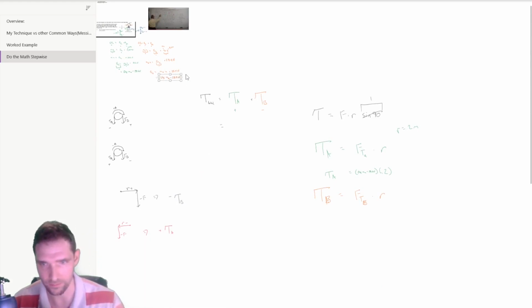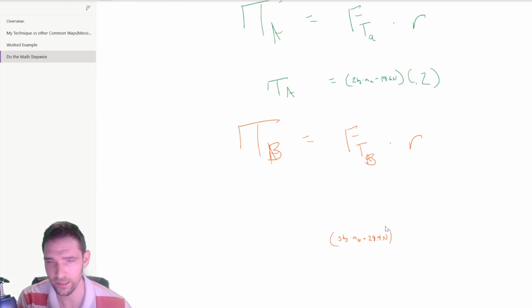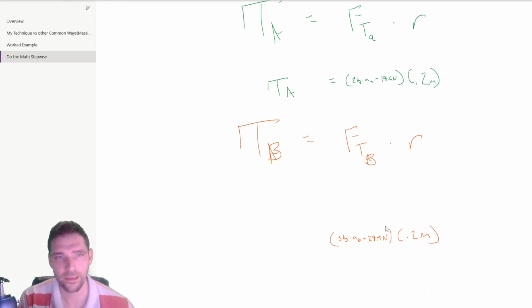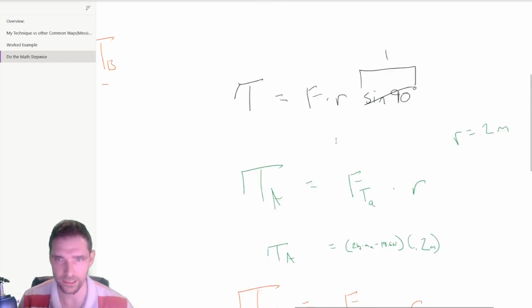We need to do the same thing for the tension of B though. So I'm going to grab that for B. And we need to double check our signs just to make sure that everything we're doing is working out correctly, giving us torques that are appropriate values. Yeah, let's put meters on that as well. So I'm just looking at this. I know that this whole thing's value should be negative, so I'm double checking that.